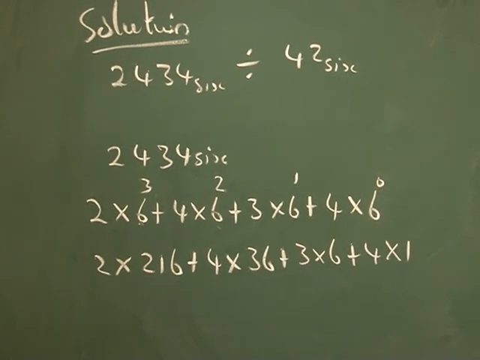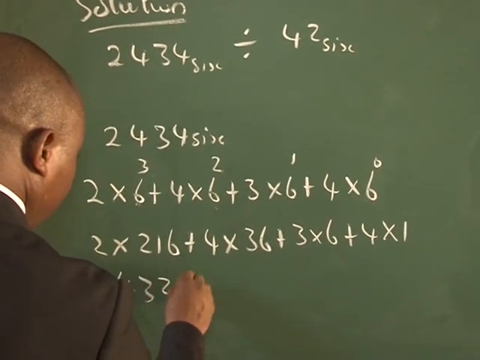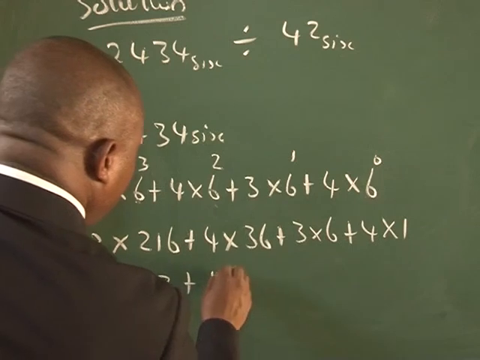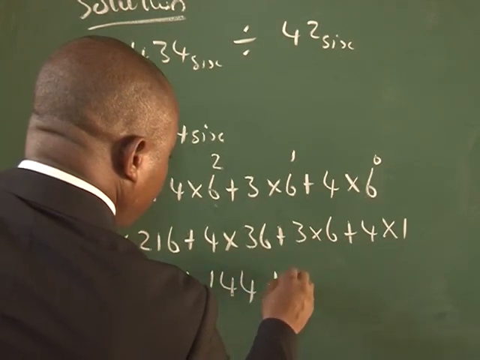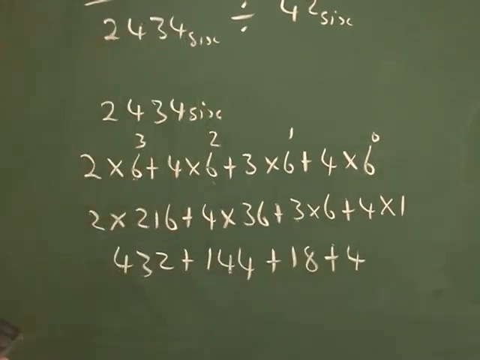Then 216 times 2 gives us 432, plus 36 times 4, giving us 144, plus 18, that is 3 times 6, plus 4.